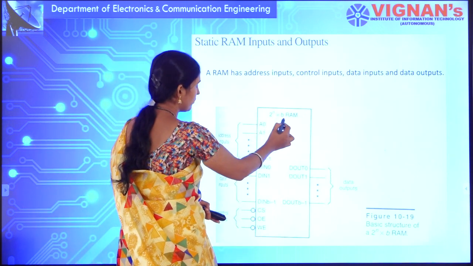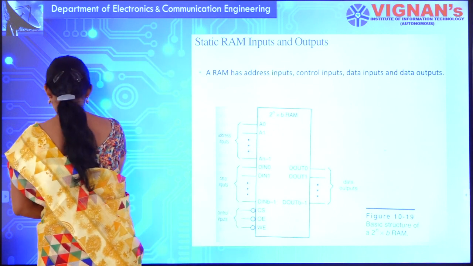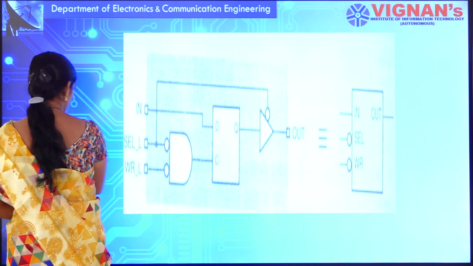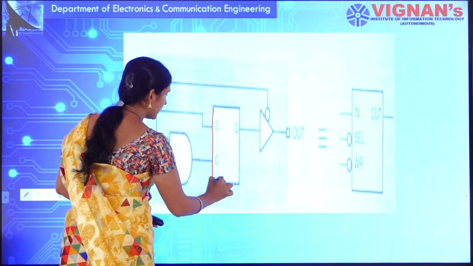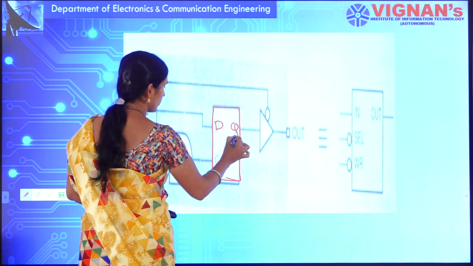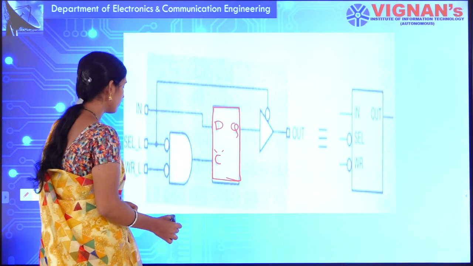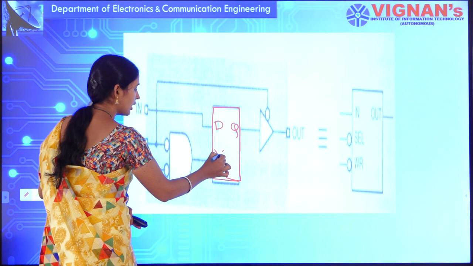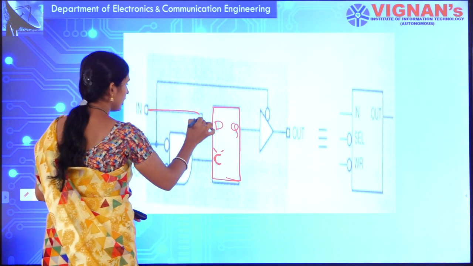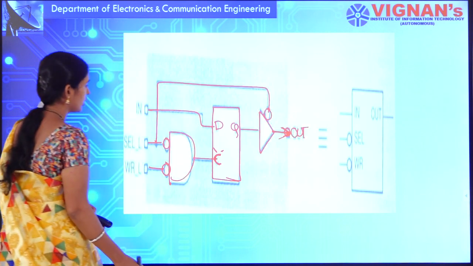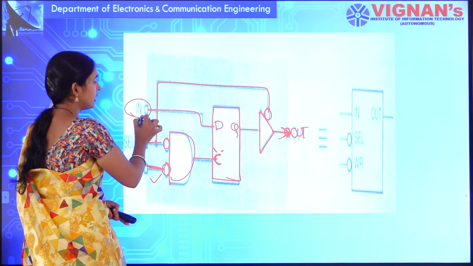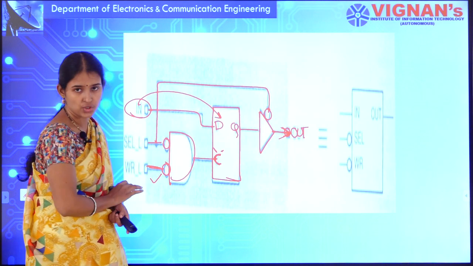2 power n by b RAM. This is your D latch. D is your input, Q will be your output, and C is the control. Depending upon your control input, your data will be available at the output. So if the write enable pin is activated, whatever data is there, you are writing into your D latch.